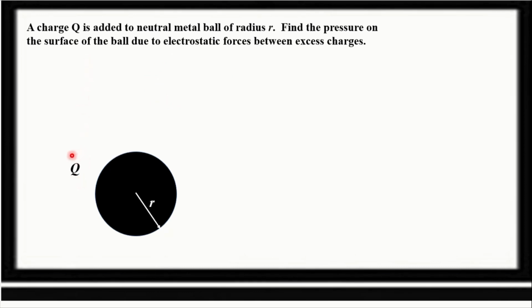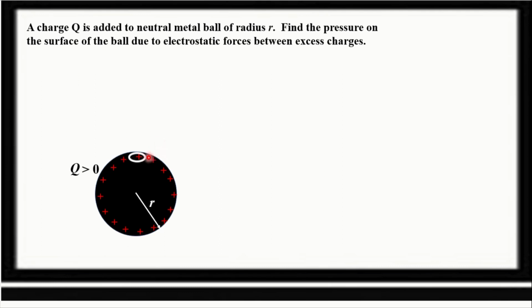To be specific, we select the added charge as positive, and recollect that the charges on the conductor are located on the surface of the conductor. And because we have a symmetric sphere, we can conclude that the charges are evenly distributed on the surface of the ball.